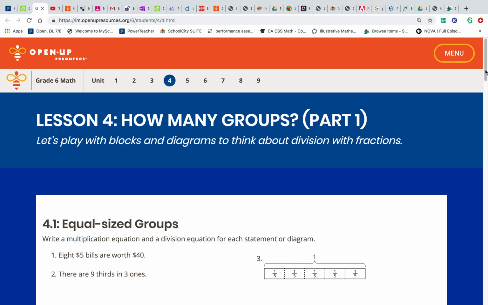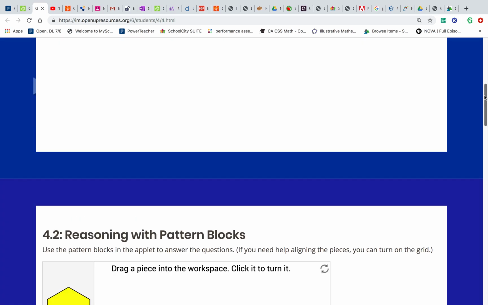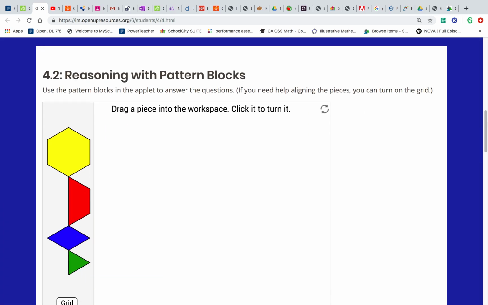All right, so we'll scroll down and back to the blocks here. And so now one whole is the trapezoid. So I'm going to move this here, and we want to see how many triangles fit into a trapezoid. So let's go ahead and move this out, see if we can fit one in. There's one. All right, let's get another one. There's two.